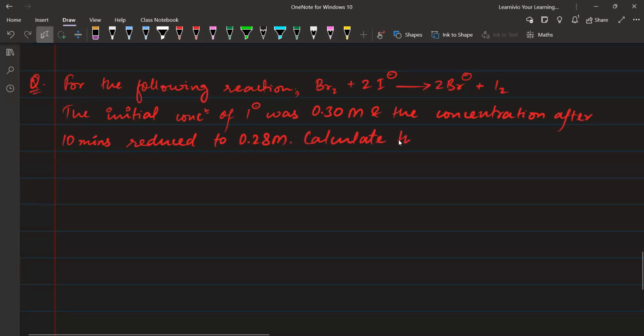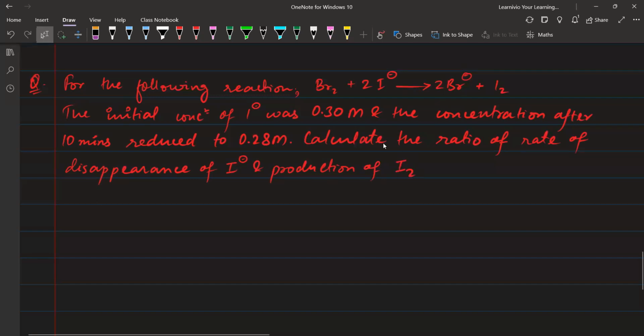Calculate the ratio of the rate of disappearance of I negative and the rate of production of I2.